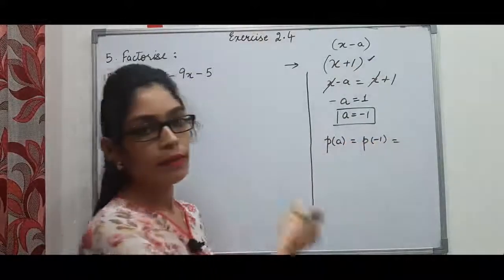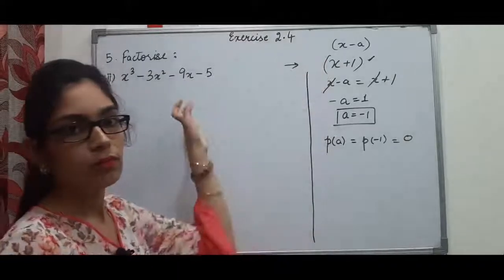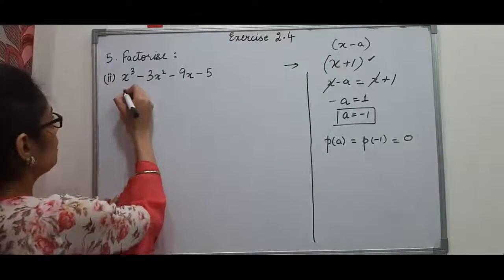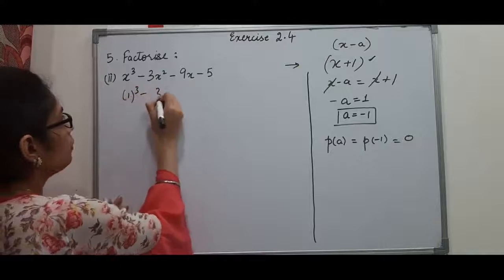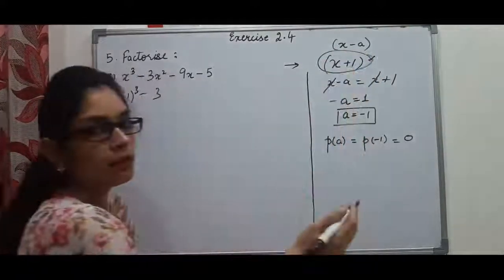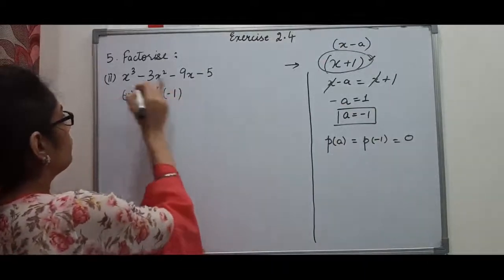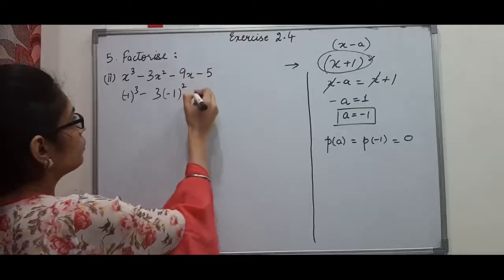So let's do it and find out whether this is a factor or not. I'll put the value of x as minus 1 cube, and if you get 0, it means x plus 1 is a factor of this polynomial. So minus 1 I have to substitute in place of x.